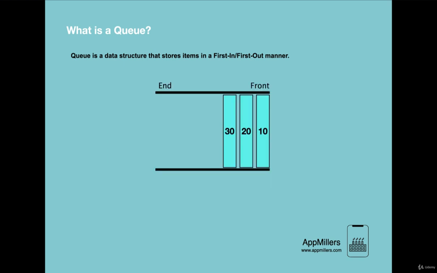So let's say we have a queue like this. If we want to insert 40 into this queue, we have to insert it at the end of the queue. If we want to insert the next element, we have to insert it at the end of the queue again. We cannot insert it anywhere between these elements. And when we want to take an element from the queue, the only option is to remove it from the beginning of the queue.